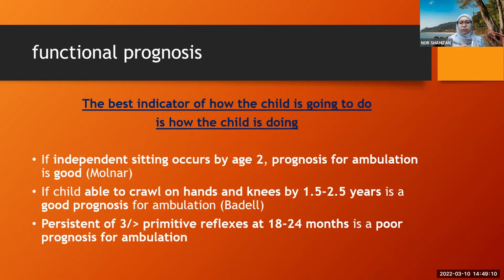So go back and see what the primitive reflexes are. There are a lot, but at least you should know 10, because this will be asked during your short cases or long cases. Usually they will ask you to mention 3 of the primitive reflexes.